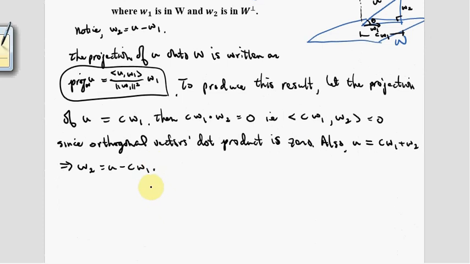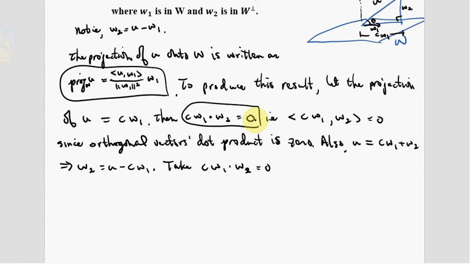And so what I have is, I'm going to go back here, take C times W sub 1 dot product with W sub 2 is equal to 0. I just went back here. That is, perpendicular vectors, their dot product is 0. That's all I've said. Now I'm going to replace the W sub 2 with U minus C times W sub 1.